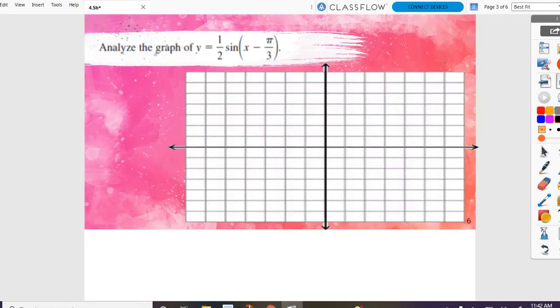So here we have y equals 1/2 times sine of x minus pi over 3. Now, is pi over 3 a C value or a D value? C. How do I know? Because it's inside, because we have parentheses.